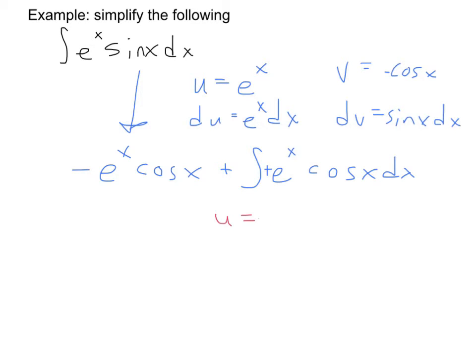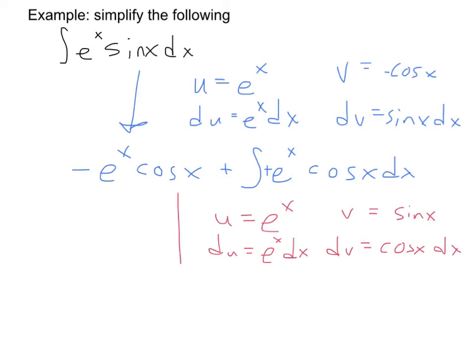Stay the course. Choose your u to be e to the x. Choose your dv to be cosine x dx. So again, if you're feeling up to it, pause the video and compute your du and your v. We should get du being e to the x dx. V is sine x.